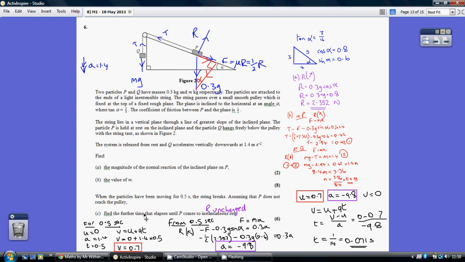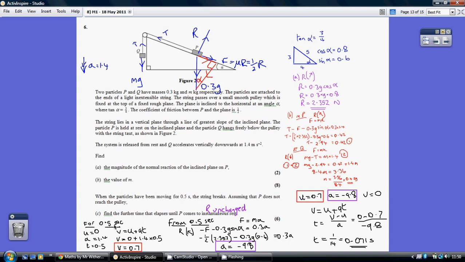Now for part C, we're going to be looking at what happens after 0.5 seconds. So we're going to be using v equals u plus at, but we need to work out the initial speed after the string breaks and also the acceleration the particle will be travelling at. So first things first, the initial speed when this string breaks is the final speed just before the string breaks.